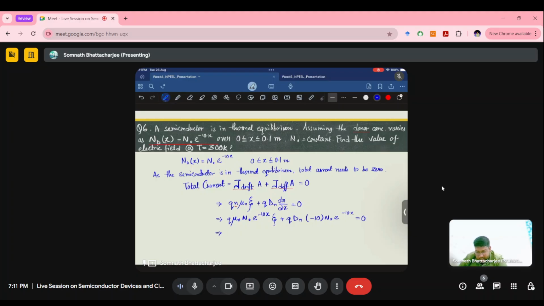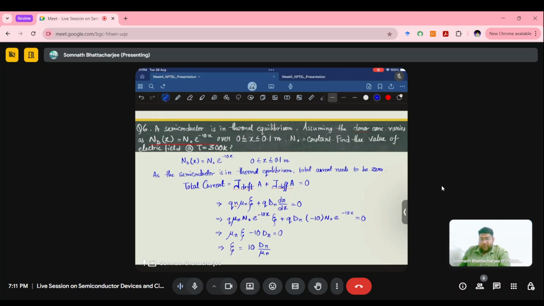We can write it as mu_n E minus 10 D_n equals 0. From this, E is nothing but 10 D_n by mu_n.